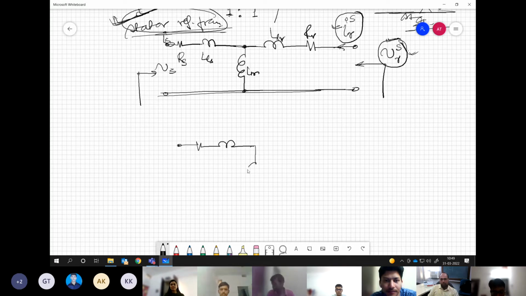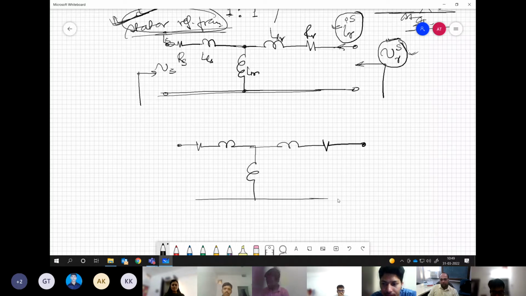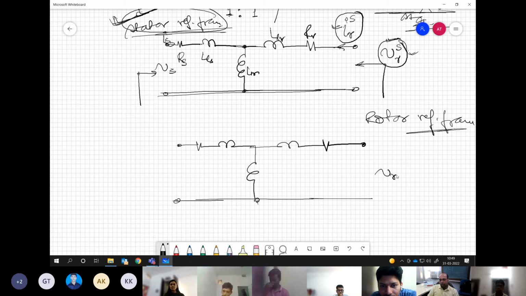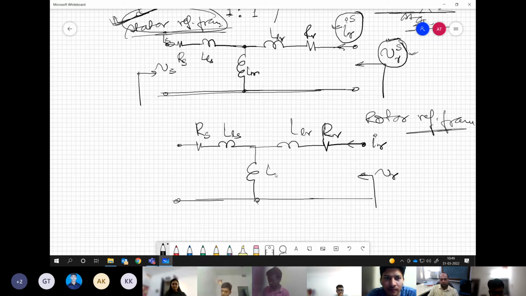Now, if someone sits on the fan, which means they are seeing the world from the rotor reference frame, what will happen? The rotor quantities will look as they are. VR will look as it is. IR will look as it is. These parameters are the same.